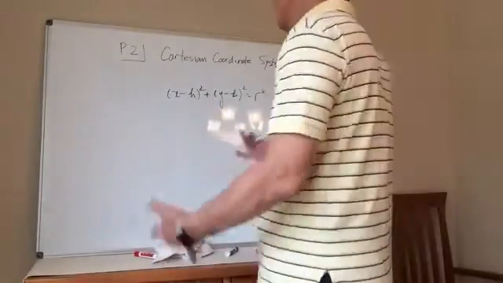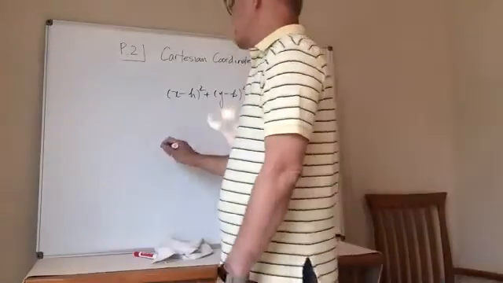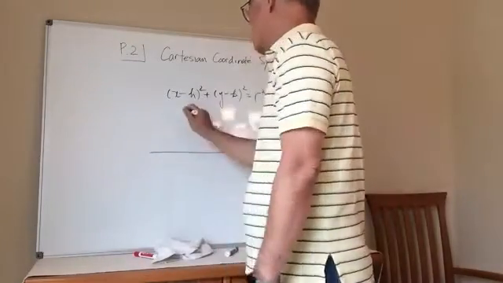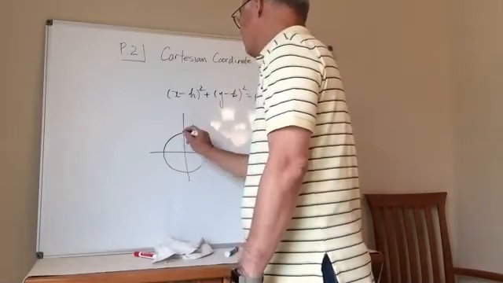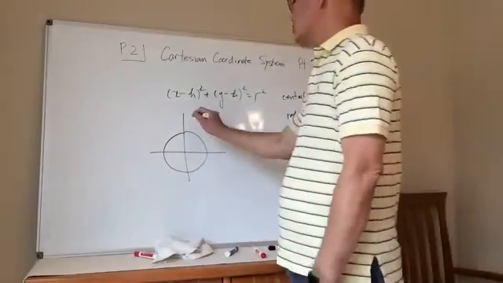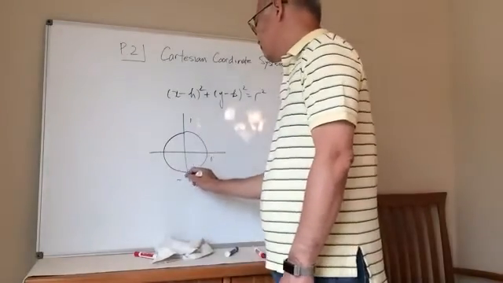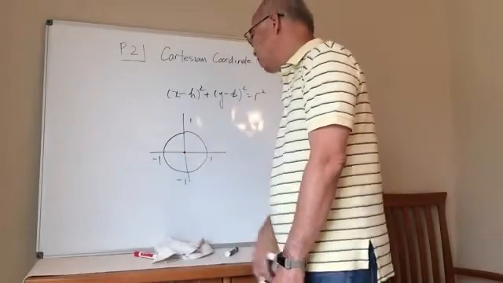Let's take a look at where this comes from. Let's start with the most basic of all basic circles. Say I have a circle with a radius of 1, centered at the origin.